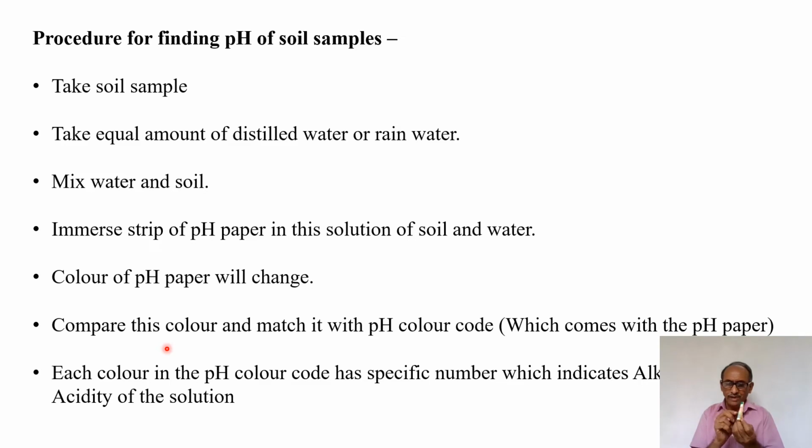So suppose it matches with number 7. So number 7 is considered as a neutral one. That means the soil is neither very acidic nor alkaline. So it is a balanced one. So if it turns green, then it is number 7. But if it is dark green, then you will find it's a different type. So we will just see that.